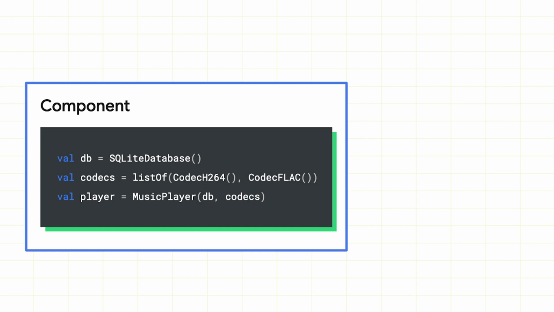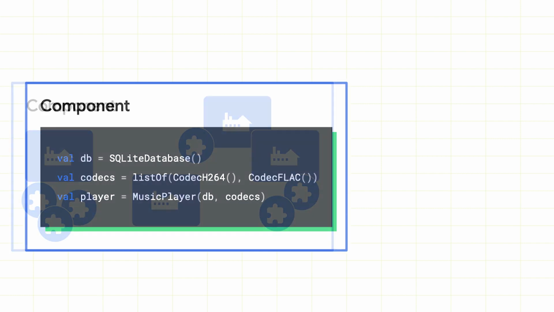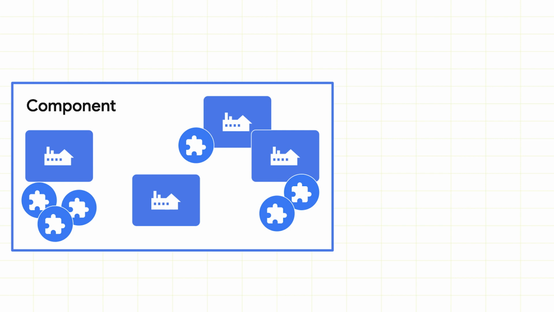That instantiation logic and the ordering of that is basically what a component is. To put it differently, a component is made up of factories that know how to build stuff, but they also are in a way a container because they can hold on to instances of the things that the factories create, and are able to reuse them for other factories or for other parts of your code, and we'll see that in a bit.